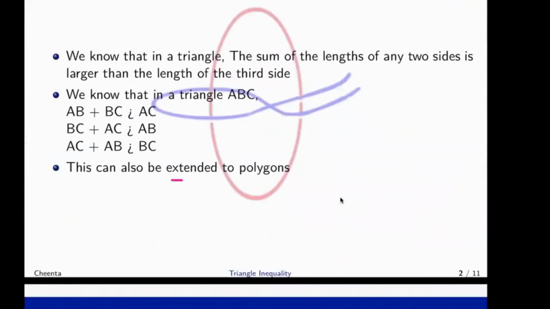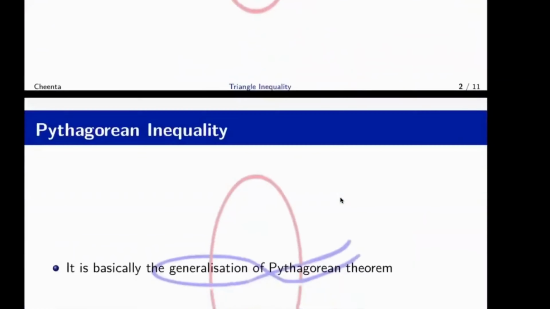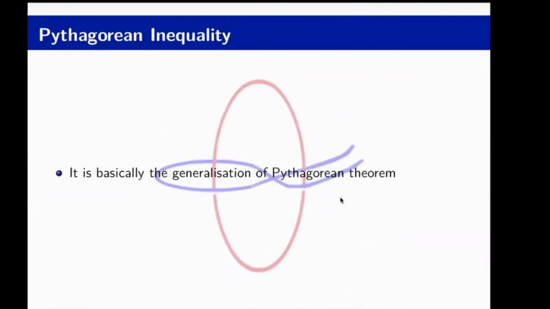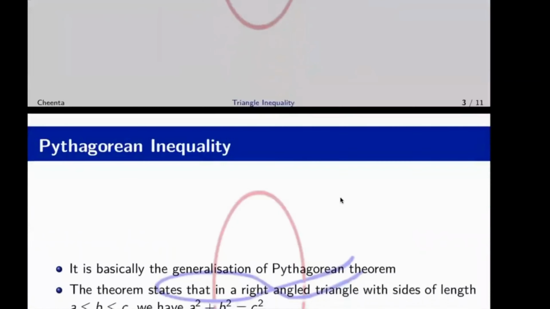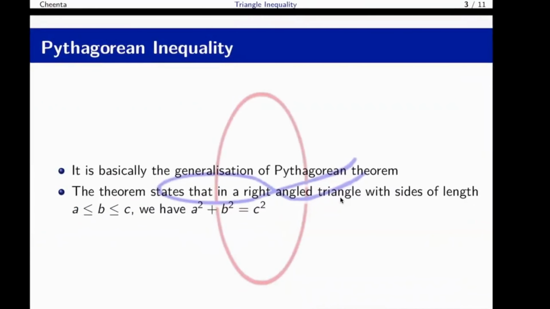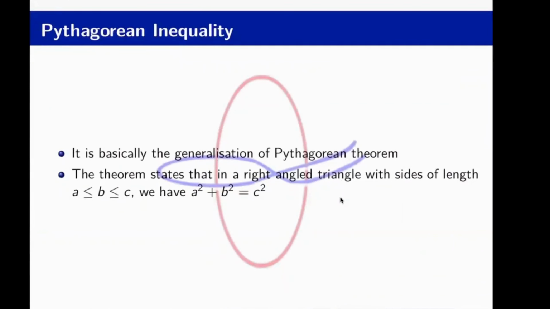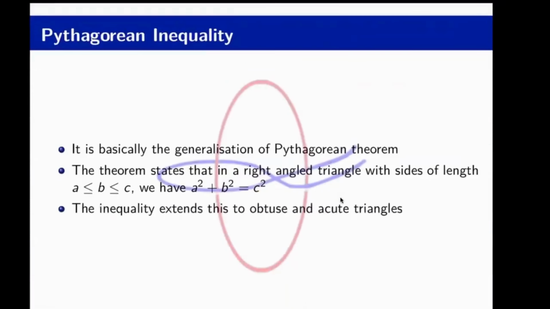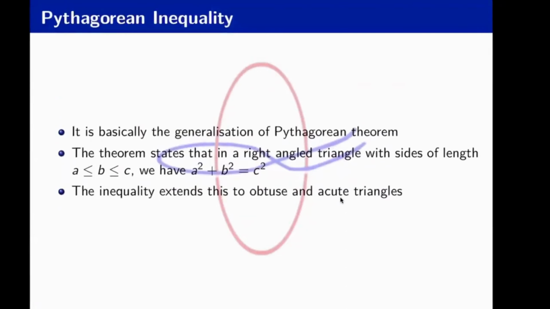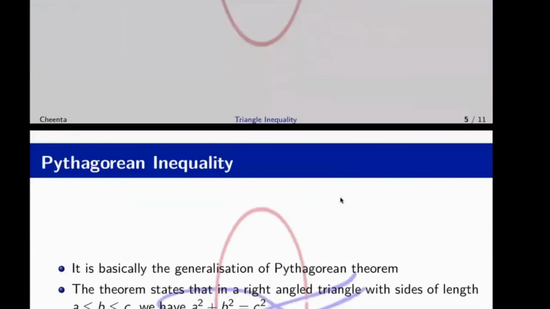So this can also be extended to polygons. And what is the Pythagorean inequality? It is basically the generalization of the Pythagorean theorem. The theorem states that in a right angle triangle with sides of length a less than or equal to b less than or equal to c, we have a square plus b square equals c square. But this inequality extends to obtuse and acute triangles.